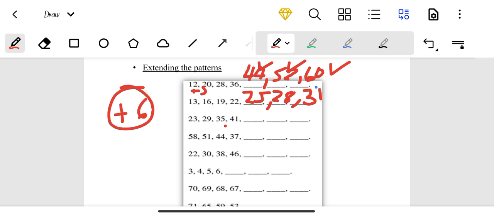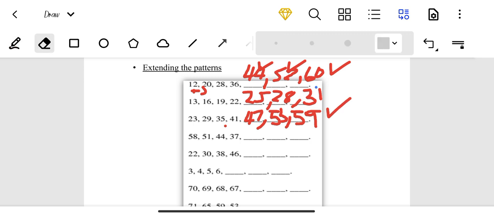So now we're going to say 41 plus 6 is going to be 47. 47 plus 6 is going to be 53. 53 plus 6 is going to be 59. And you're done.